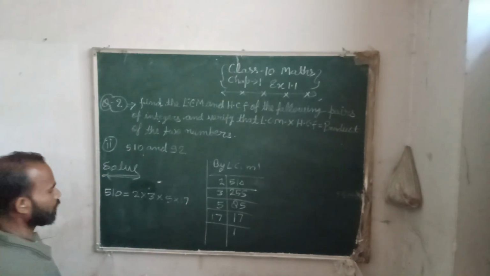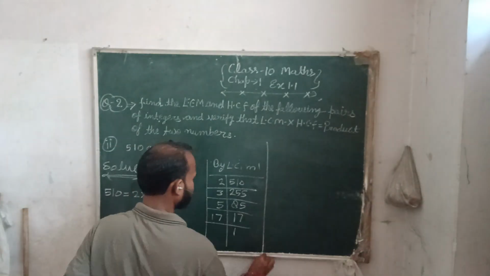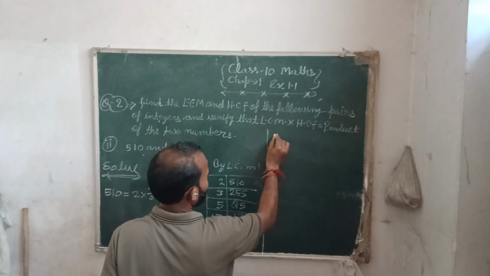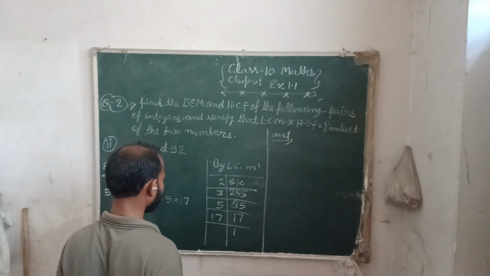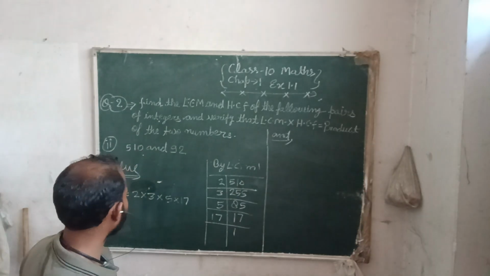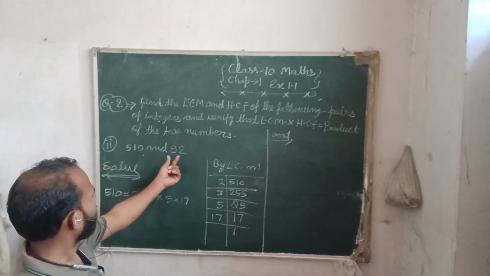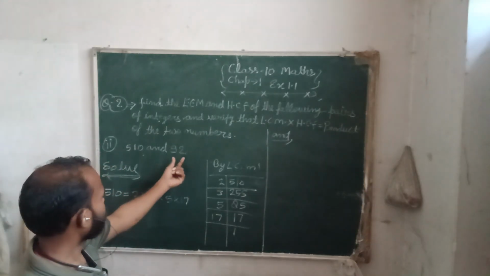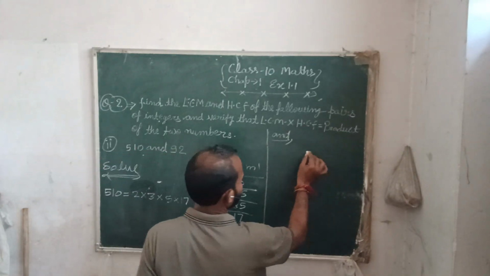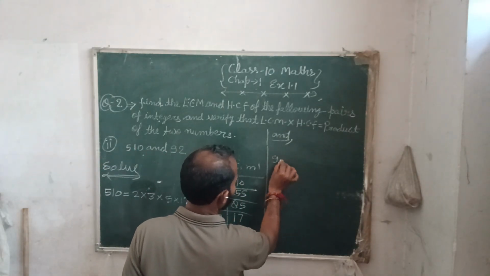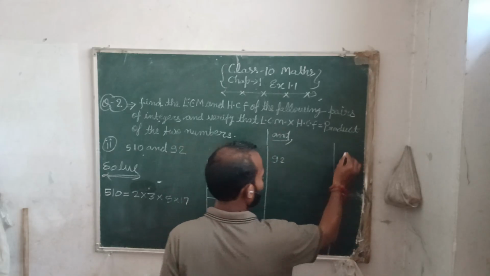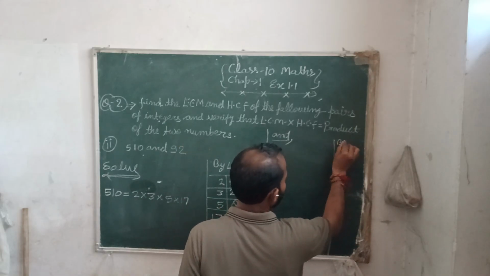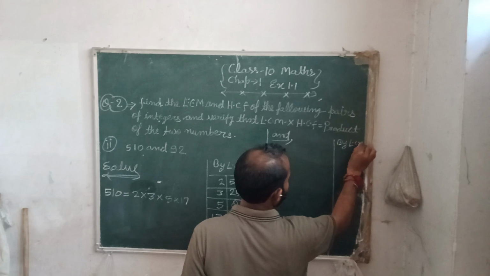Okay, my dear students, now continue again. Find the factors of 92 by the LCM method.